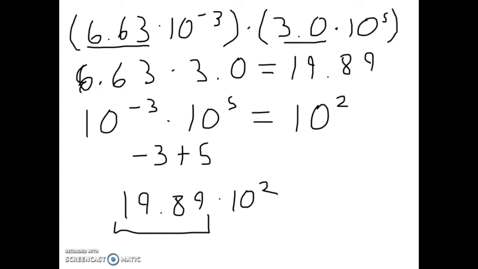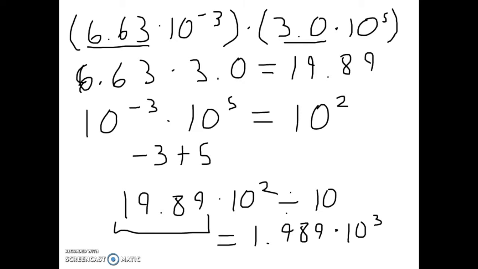So, solving the first problem, we can divide our coefficient by 10, and that will give us 1.989 times 10 to the third.